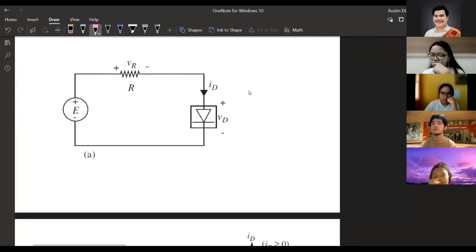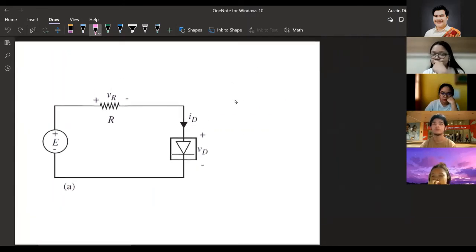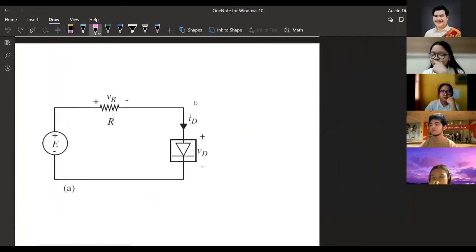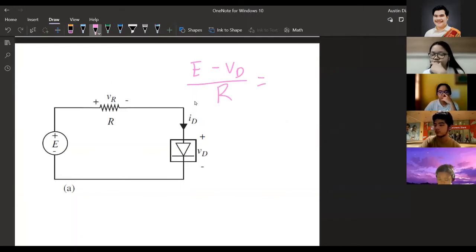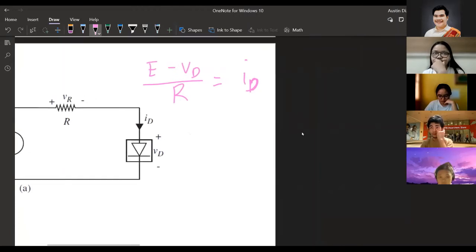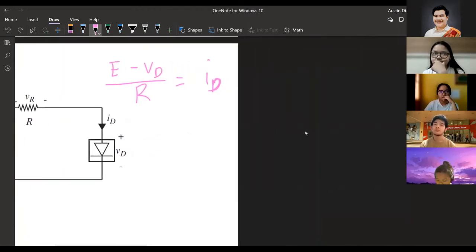Now let's solve this problem. Mag-ano ka dito, KCL ka as usual. E minus VD over R. And then this must be equal to ID. Okay, case number 1. Kapag case number 1, ano mangyayari?